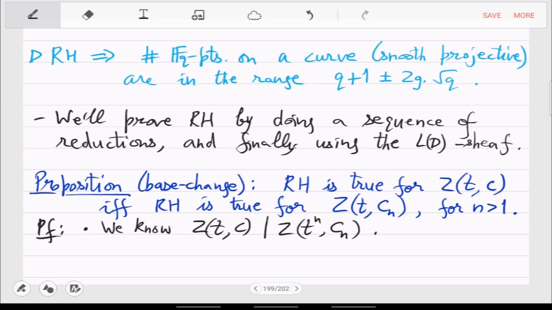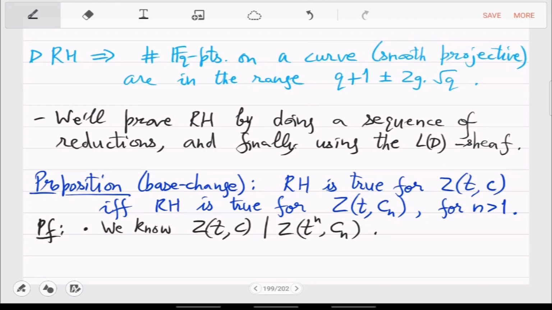In fact, there was this strong identity in base change that we had shown: Z(t^n, C_n) factorizes using the base zeta function, substituting for t, eta t, where eta is an nth root of unity. So we had this factorization proved. Let's remember that.